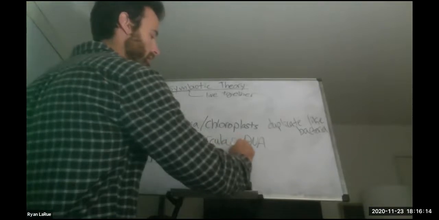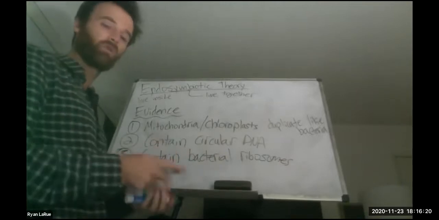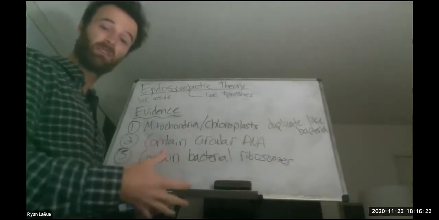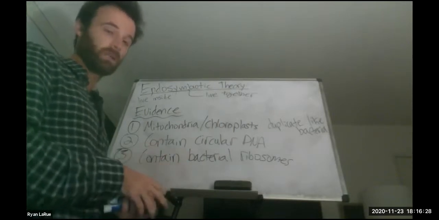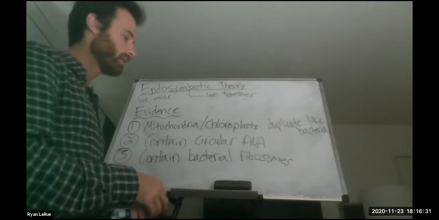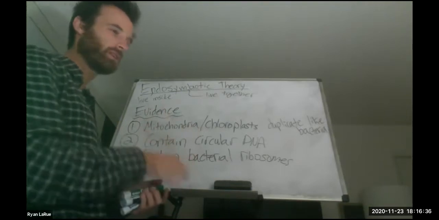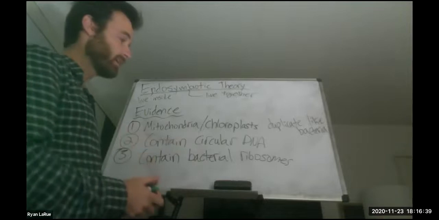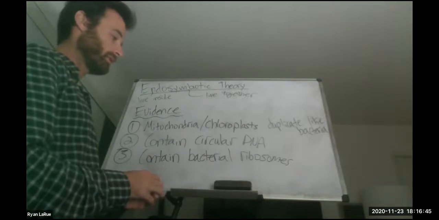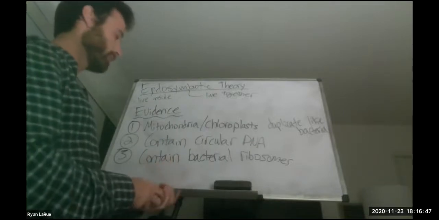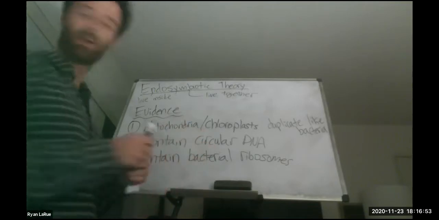Oftentimes, if anyone goes into evolutionary biology and looks for relationships between species, evolutionary biologists will look at the ribosomes, because similarity in ribosome structure correlates with how related a species is. So they also have ribosomes. That's like a huge indicator. And it looks like a bacterial ribosome, producing proteins. Everything has ribosomes. Crazy.